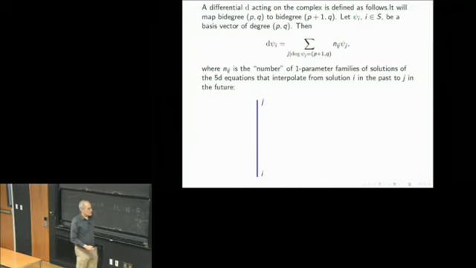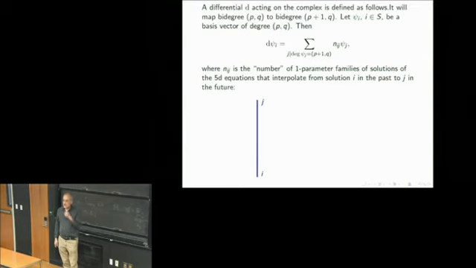This is a very schematic picture in which I've only drawn one direction, which is time. In the past, we started at solution I. In the future, we're supposed to end at solution j. We look at solutions of the 5-dimensional equations that start at I and end at j.